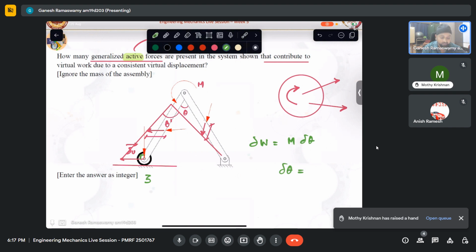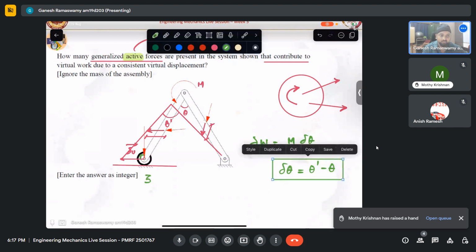You have agreed that theta dash is higher than theta, which means delta theta is non-zero. M I have applied, so I know it is non-zero. In such a case, this quantity is non-zero, is it not? So when the virtual work contribution is non-zero, it is an active, generalized active force.